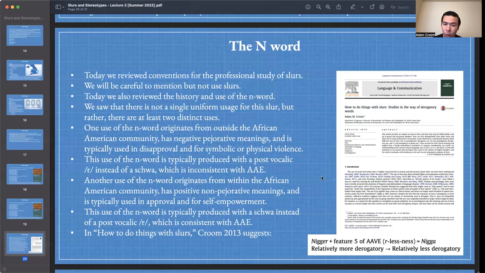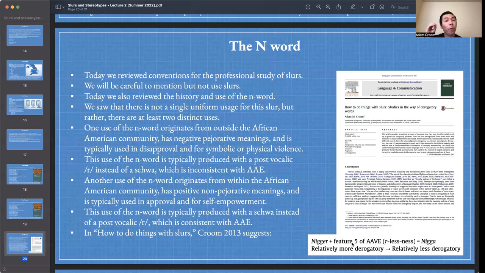Another use of the N-word originates from within the African-American community, has positive, non-pejorative meanings, and is typically used in approval and for self-empowerment. This use is typically produced with an A instead of an R, which is consistent with African-American English.